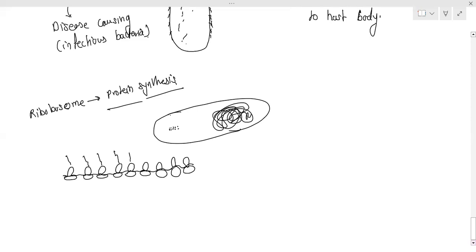So whenever we observe them under a microscope, we see there are many ribosomes attached to each other. Okay, and we see a very long chain of ribosomes. Very, very rarely we see one ribosome separated. Otherwise, most of the time we see this chain.